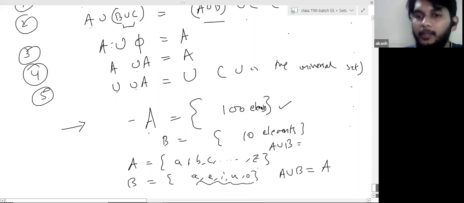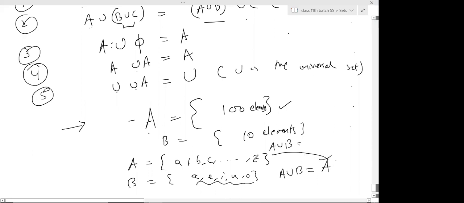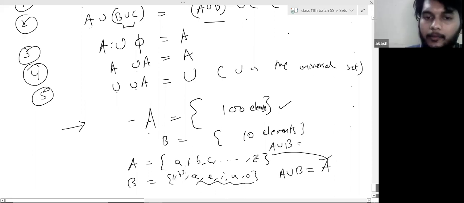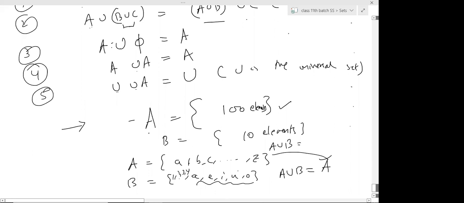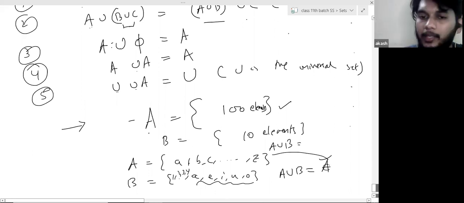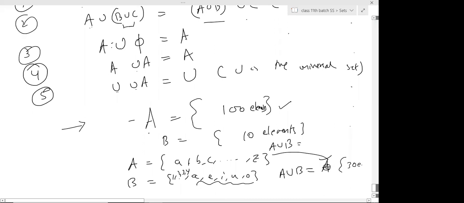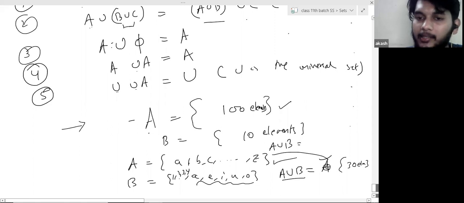We don't write a common element twice. So this will be equal to set A. This is clear now, Arnav? Yes, sir. But if I write another thing here, suppose I write 1, 2, 3, 4 also, now you have to write 1, 2, 3, 4 in this set also. So we'll have 26 plus 4, 30 elements. So A union B will be equal to the larger set or more than it. Okay, sir.